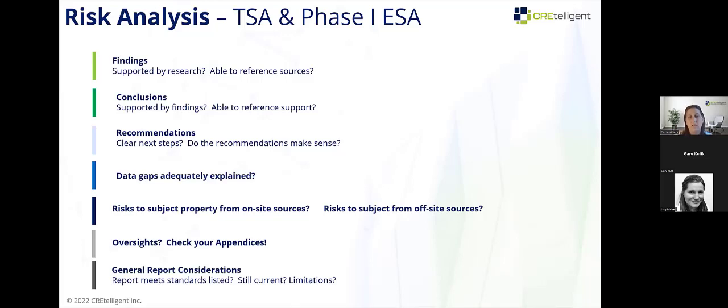Are there any limitations in the report that might be hidden or may not be outwardly obvious to you? One common one is to see that a vendor has limited their liability to the value of the report. Well, if you paid $1,900 for a report, but you end up having a $200,000 problem, and you accepted those terms and conditions in your contract with the vendor, and they've limited their liability to $1,900, it's going to take an awful lot of money with lawyers to figure out and get what you need to offset your risk.